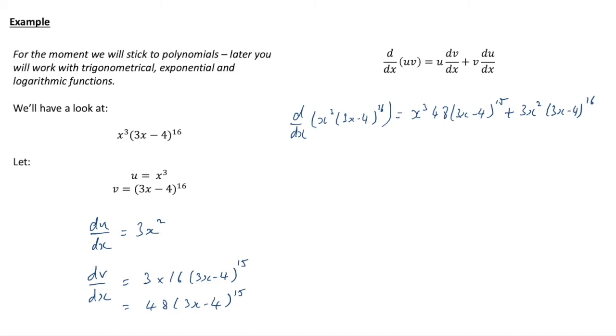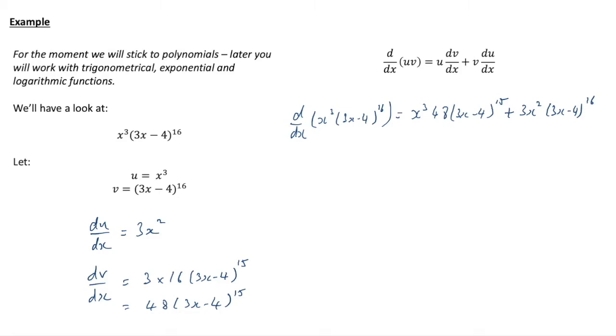I've written the v second, (3x minus 4) to the 16, and the du by dx, which is 3x squared, first. The reason is that we want to tidy this up, and it looks easier that way round because we've got our big powers of 3x minus 4 at the end of each term.